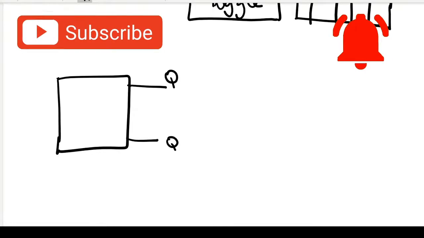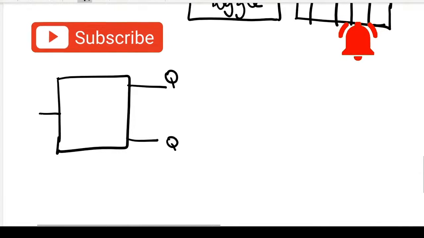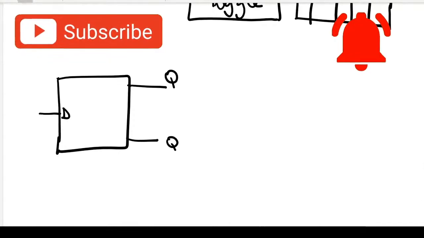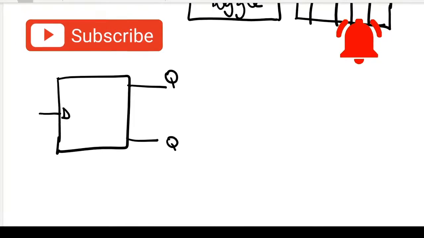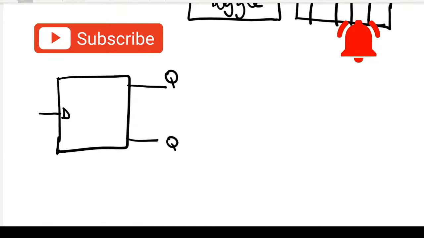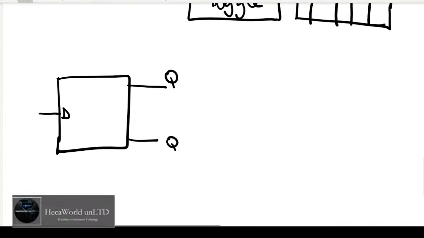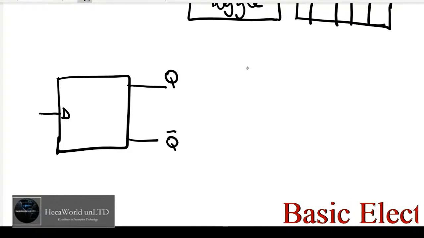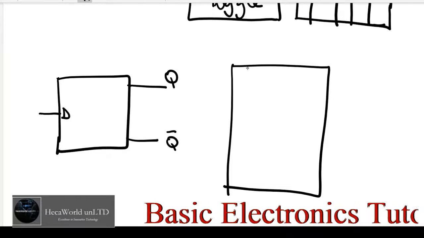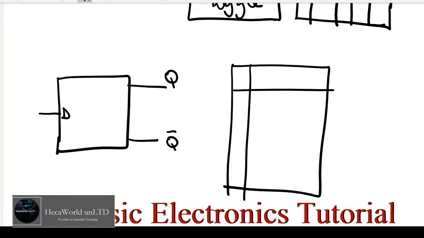So for D type, you just have your data input here, your D input here. So this is just simpler than the JK, right? It's a simpler version. So once you send data, it will flip. So let's draw this a little bit better.